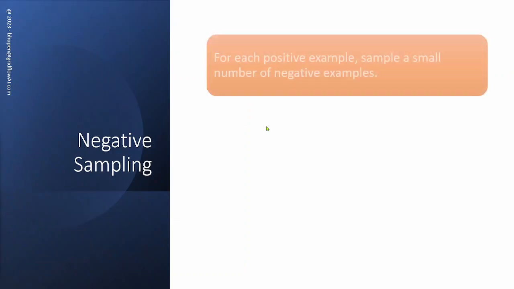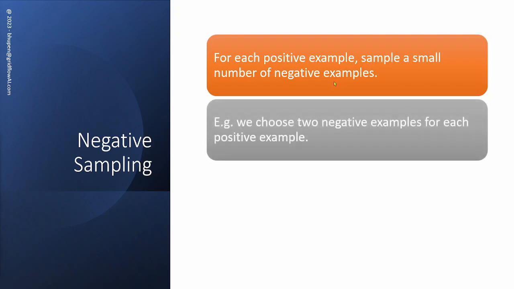Now, the negative sampling here would be, for each positive pair, we will sample some small number of negative examples. So how do we choose the negative samples? Essentially, for one positive pair, we will have roughly about 4 to 5, or sometimes more than 5, like 8 or 10.